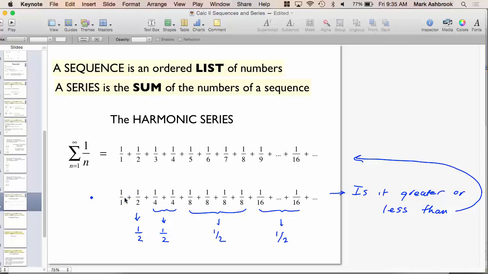This one is smaller than that, or the harmonic series is greater than the one that we said is divergent. How about the harmonic series? Divergent or convergent? Divergent. Should make sense. We've got a series that's divergent, and the one we're looking at has a larger sum than that. So it's got to be divergent as well.